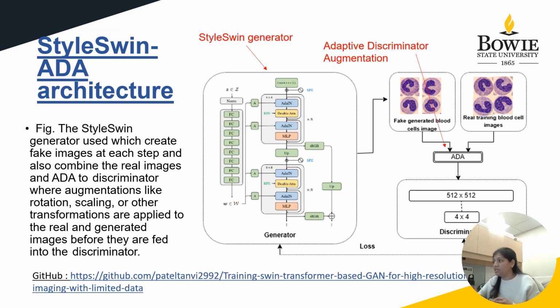Using this, we can prevent discriminator overfitting by giving the discriminator more data using the ADA. The code for this paper is available in my GitHub repository, the link to which is mentioned below.